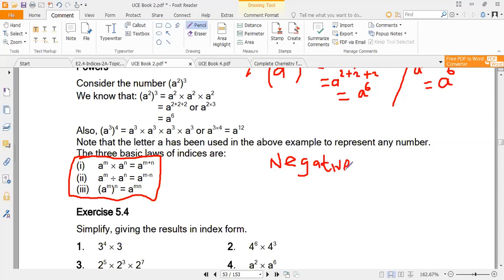Let us look at what basically happens when a power of a number is negative.